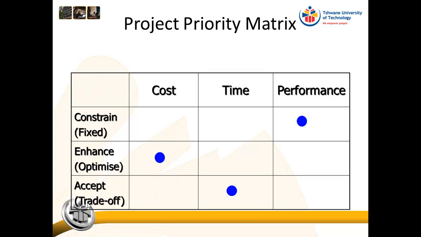This example is where we maybe want to build a house for a millionaire. So the millionaire says to us, the most important thing is performance.